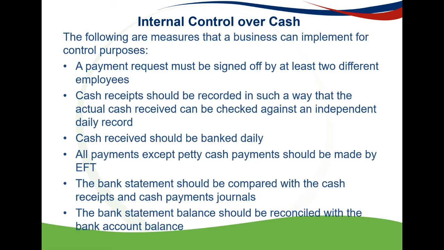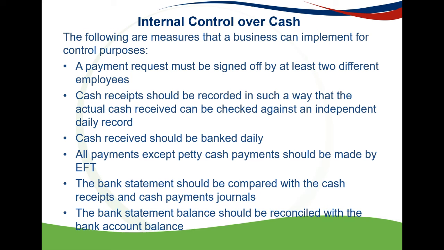All payments except petty cash payments should be made by EFT. Now, like I explained earlier, when it's done this way, there will be your payment advice that's prepared by one person, and then the second person will approve the payment advice and then make the payment.